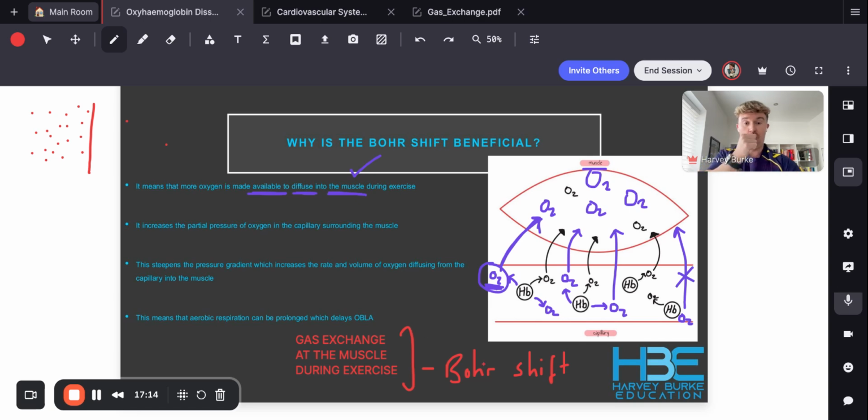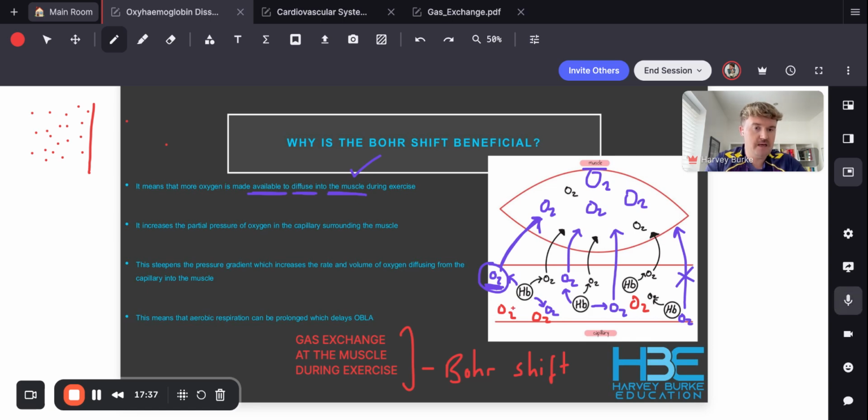And you can use the Bohr shift to help explain why the diffusion gradient gets steeper during exercise at the muscle. So what happens is during exercise, there'll be an even higher partial pressure of oxygen in the capillary, and there'll be an even lower partial pressure of oxygen in the muscle.